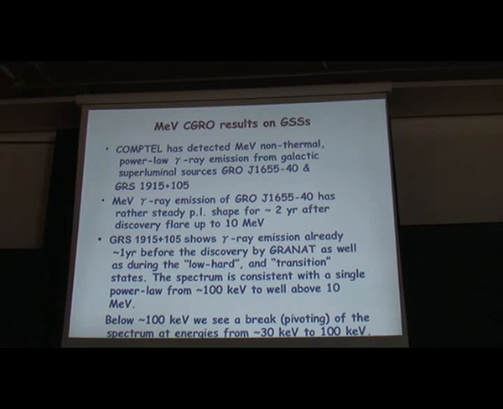GRS 1915 has shown some kind of activity already 1 year before the discovery by hard X-ray telescope aboard of the Granat. And it shows this emission in both states, low hard and transition states. And the spectrum again can be consistent with a single power law from 100 keV to well above 10 MeV, and below about roughly 100 keV we can see a break of the spectrum at energies of break position from 30 keV up to 100 keV.